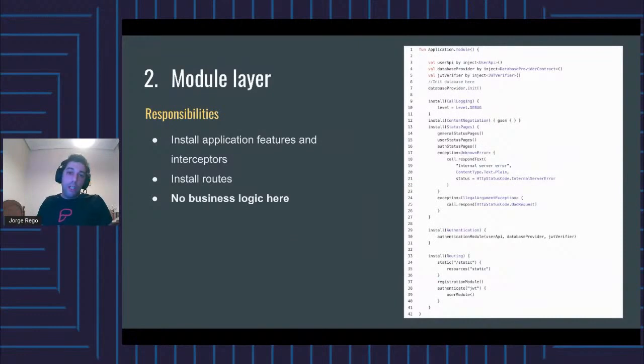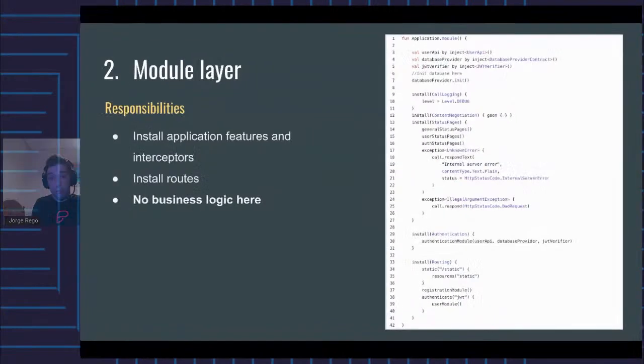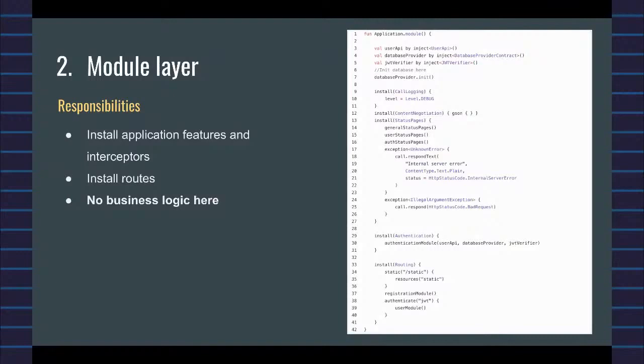Okay, so the next one is the module layer. As I mentioned before, it's going to be responsible for installing application features and interceptors, also the routes and status pages and other features that our server is going to use. As you can see here, no business logic again. This is not the place to put the business logic.